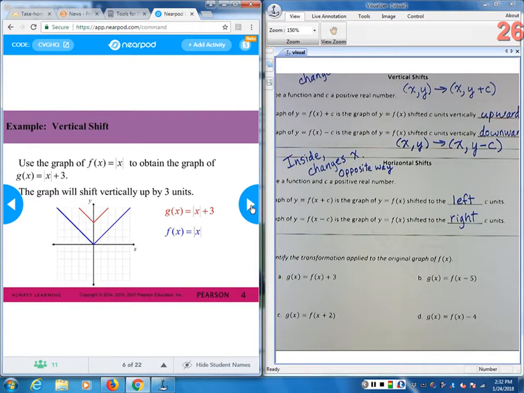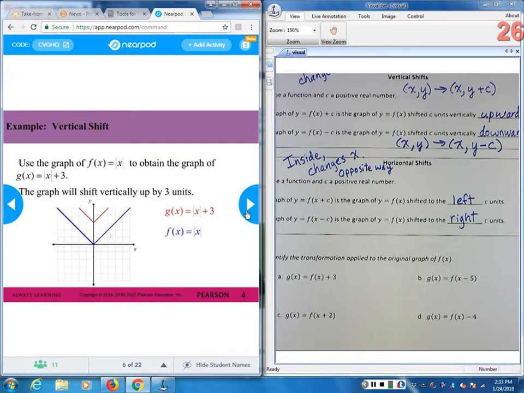If you have the function, the absolute value of x, and you want to do absolute value of x plus 3, the 3 is on the outside, not inside the absolute value signs. So it's going to change y. So you shift the graph up 3 units. So instead of 0, 0, we're at 0, 3, etc.